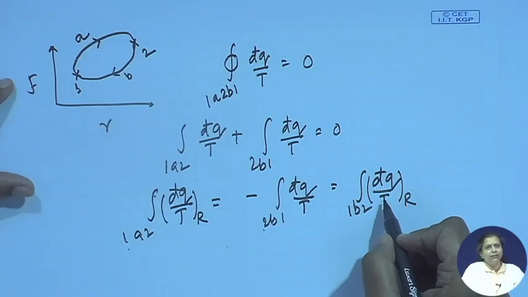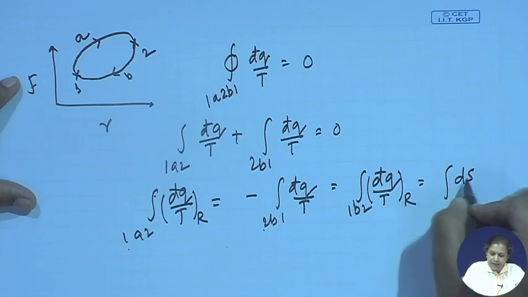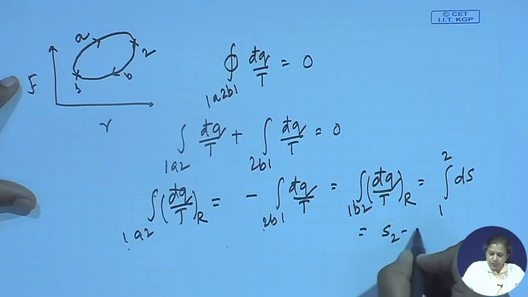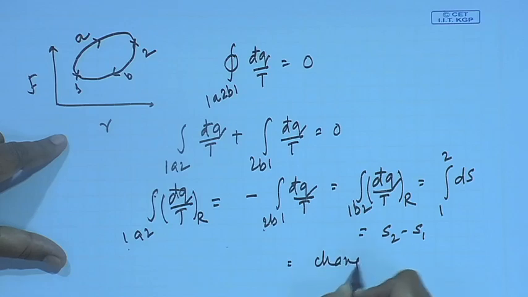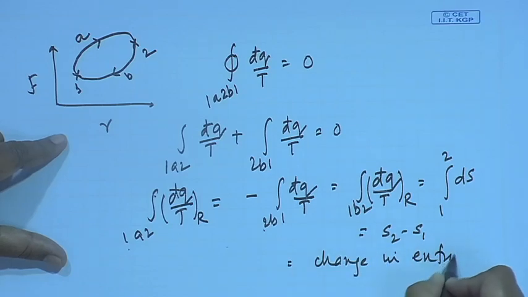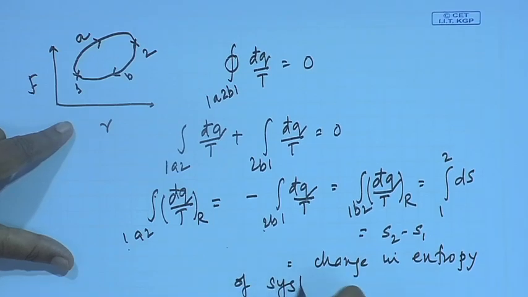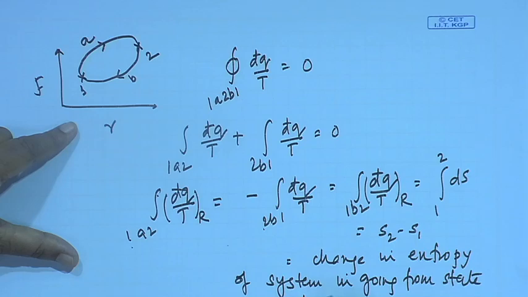So, we find that although dq is a path function, the quantity dq by T is a state function, and this state function is defined as entropy. Therefore, this quantity is nothing but equal to S2 minus S1, the change in entropy of the system in going from state 1 to state 2.